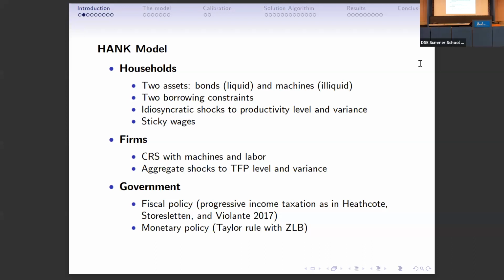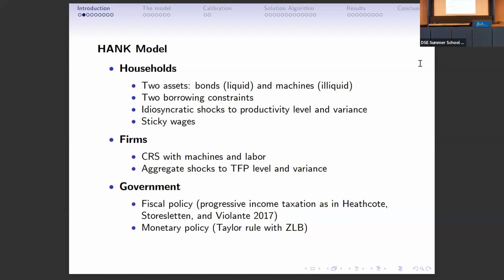So at the household side, we have 2 assets, bonds, liquid assets, and machines, illiquid assets. There are 2 borrowing constraints, one for each of those assets. At the household level, we introduce idiosyncratic shocks to both productivity level and variance. And then, as I mentioned, sticky wages.